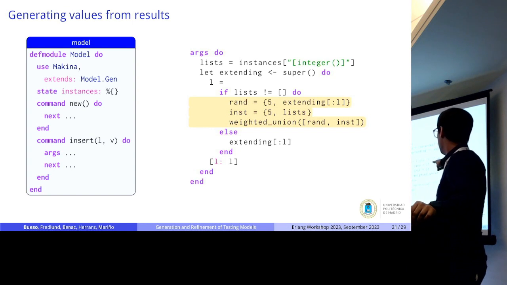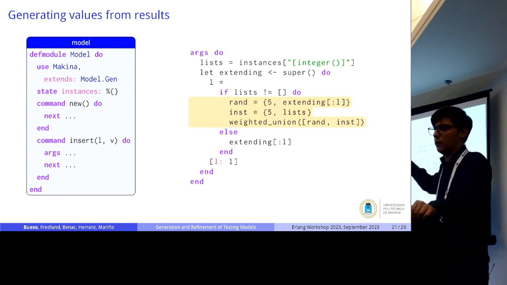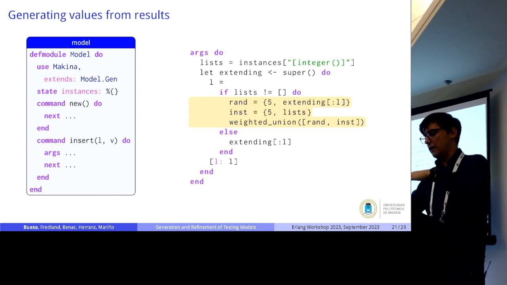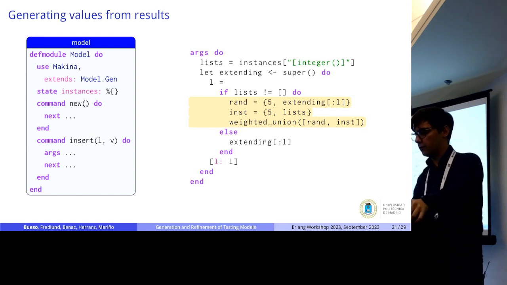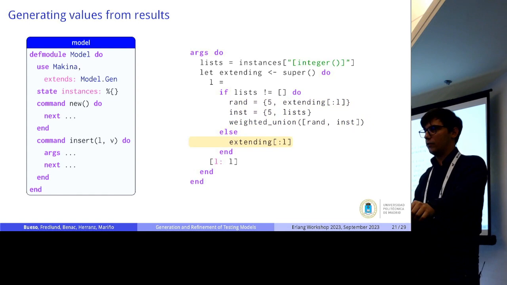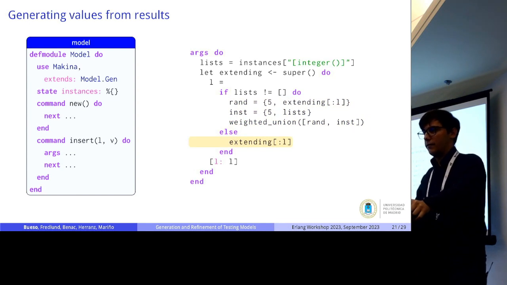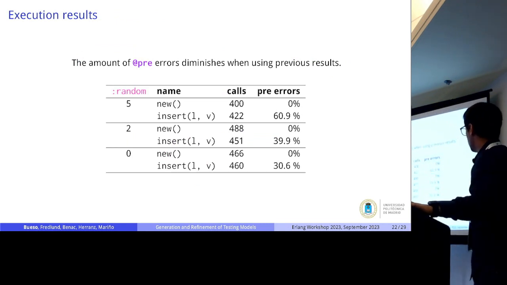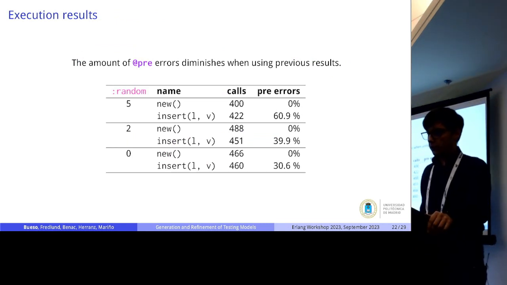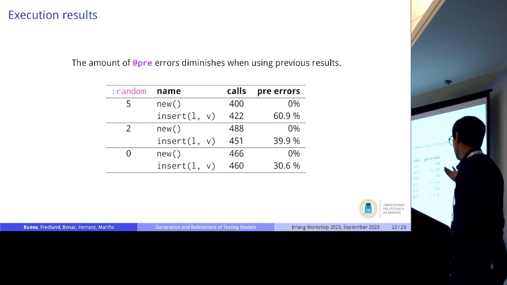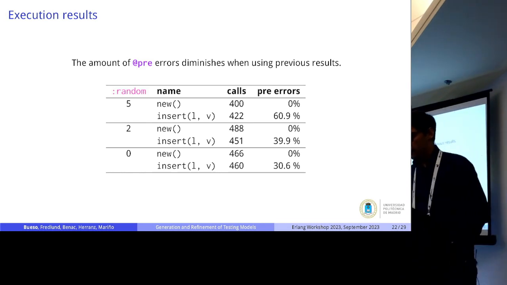So we showed that we were using 5, and this will be like half of the values derived from the type and the rest from the state. And if we don't have any value stored, we will use just the type-derived generator.